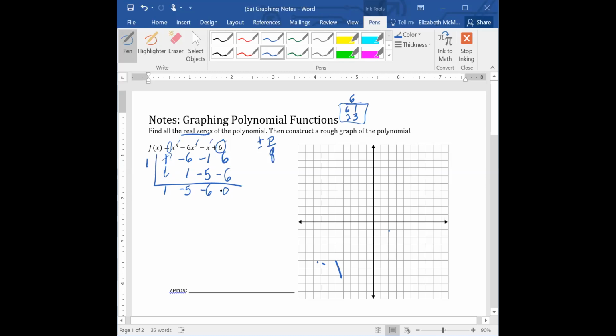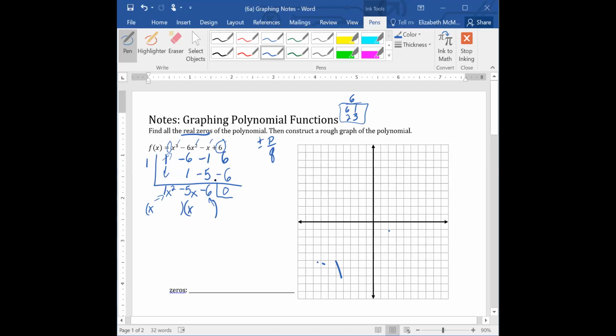So we need to put in our x's here. Remember, this is our remainder, this is our constant, that makes this our x term, and that makes this our x squared term. Then we can factor this. Our leading coefficient here is 1, so we can just use our shortcut direct factoring method. I need to put an x here and an x here.